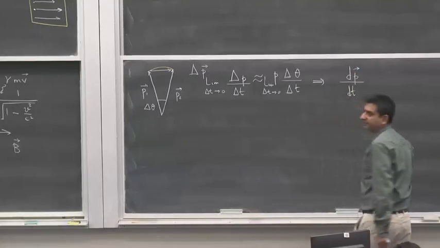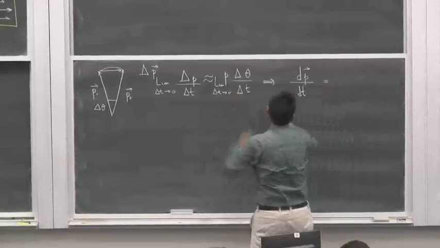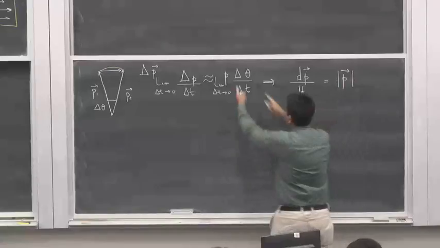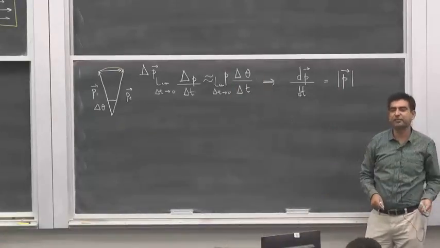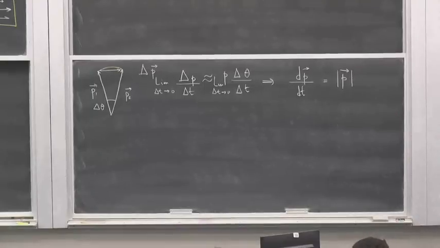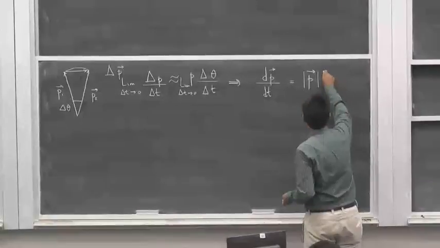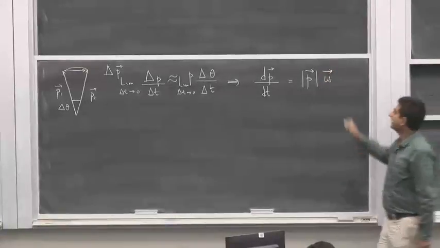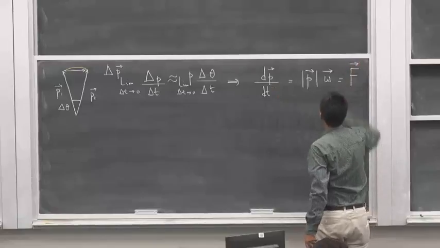I put a vector sign on top of it. This is just a magnitude, so I call this the magnitude of the vector P. And what is delta theta over delta T in the limit that delta T is really small? This is just omega, the angular velocity, and it's a vector. And the rate of change of momentum is just the force that acts on this particle.